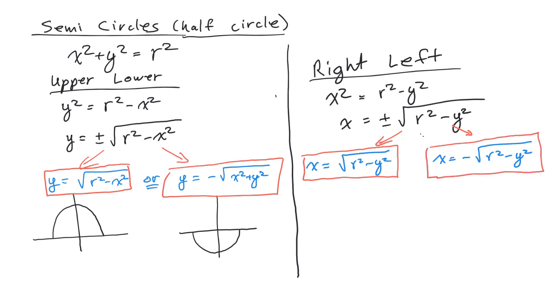So when we have the positive square root, all that gives us is the right half of the circle. If I'm looking at the negative side of the square root of this, that means we're going to get the left half of the circle.